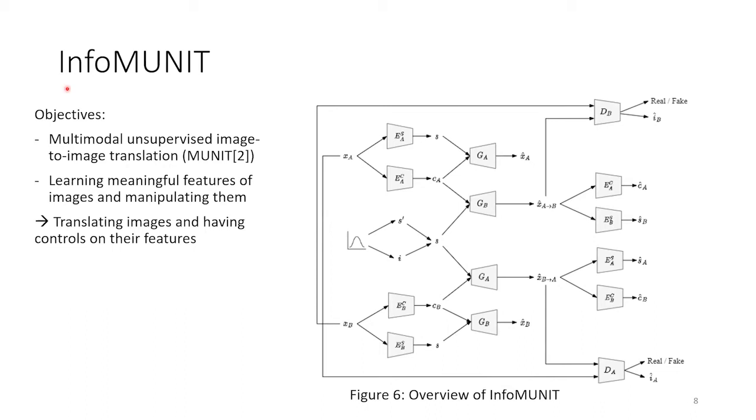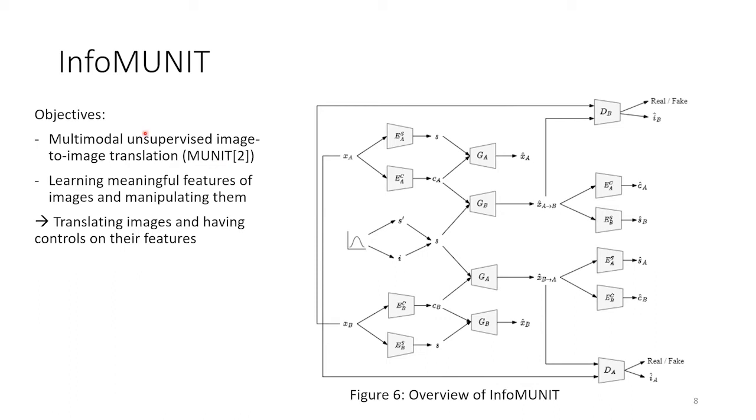We call it InfoMUNIT because it's a combination of two parts. The first part is multimodal unsupervised image-to-image translation, or MUNIT. It is another state-of-the-art method, and we built our network based on this architecture.